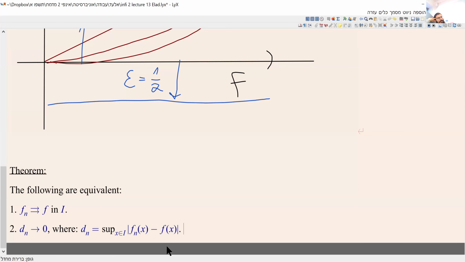One can write down two more equivalent conditions. We know from Infi 1 that every convergence of a sequence we can write down by definition. We can use sequences in order to define the limit of a function, and we can write it with the Cauchy criterion, using n and m for epsilon.